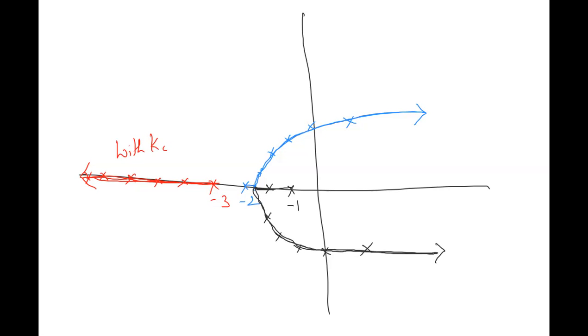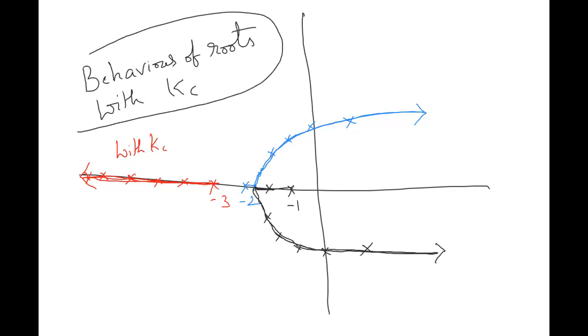So are you getting how I have plotted with respect to Kc? This is what is called the behavior of roots with Kc. This is also called root locus.